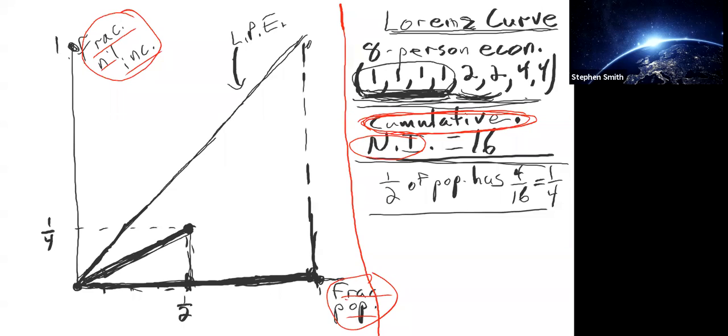So now we're going to look cumulatively at the bottom 3/4 of the population. So the bottom 3/4 of the population has 4 plus 4, or 8 out of 16, that is to say 1/2 of national income.